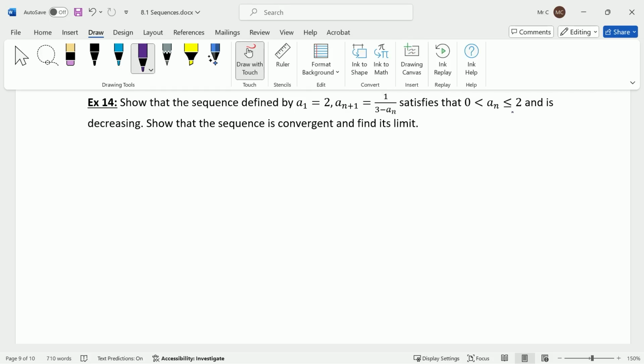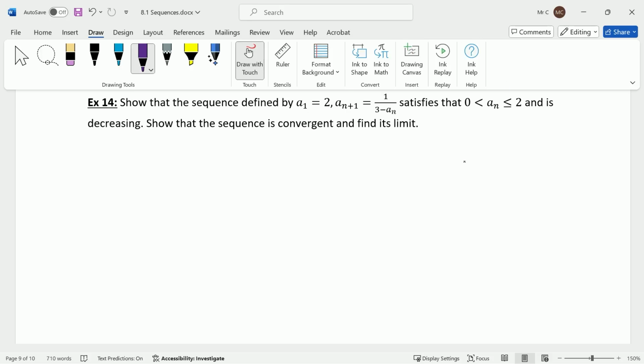Okay, so how am I going to show that the sequence is convergent? Well, the convergent part is relatively easy, because I know if a sequence is increasing or decreasing and bounded, it's convergent.